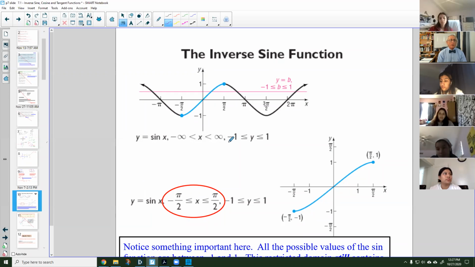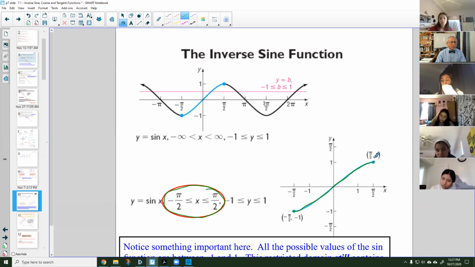It's telling me right here, and you'll find this in the slides and in the book, that if I want to find an inverse function, I have to restrict my x's to negative pi over 2, pi over 2. And this is the portion of the sine function that I am allowed to use.